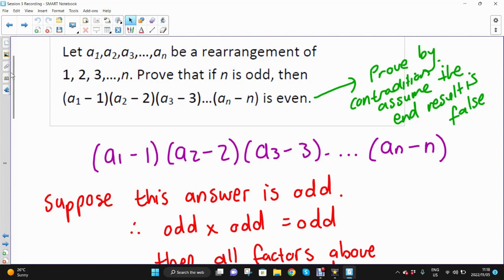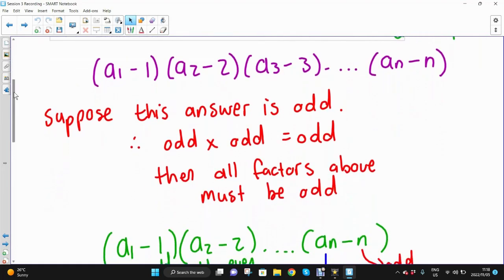And if I assume that this is odd and it doesn't work out, then I know that it must be even. So I'm going to contradict the statement, if that makes sense. So you will see here that I started off by writing out the expression again, and I'm going to assume that this answer is an odd number.